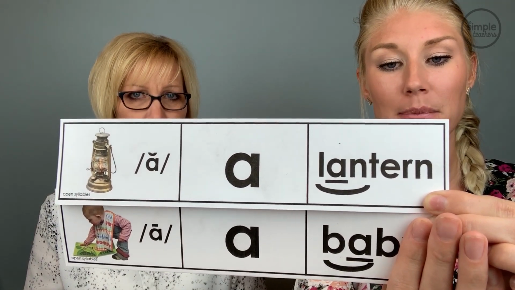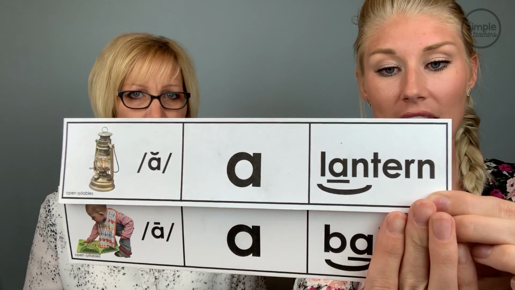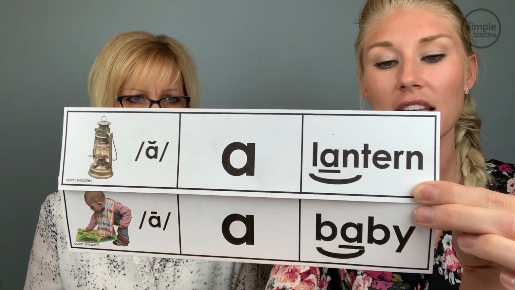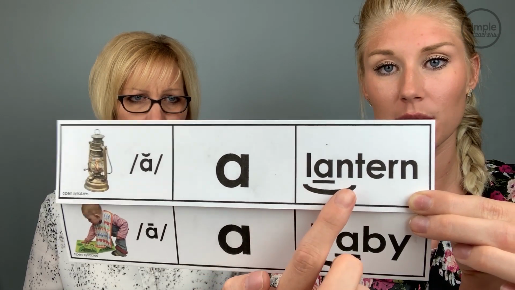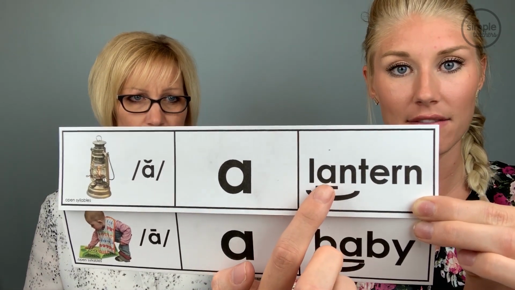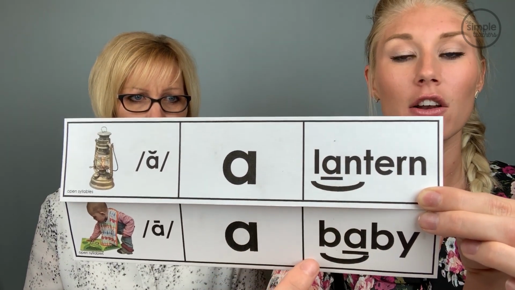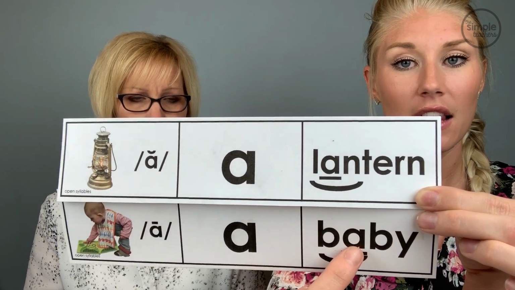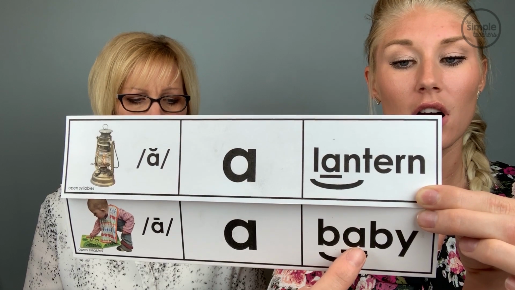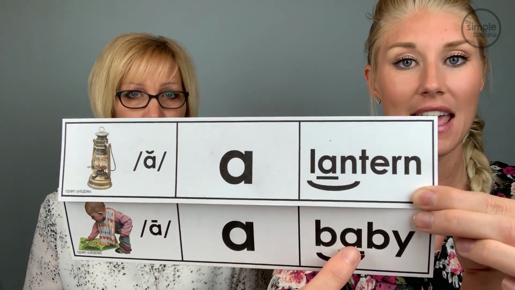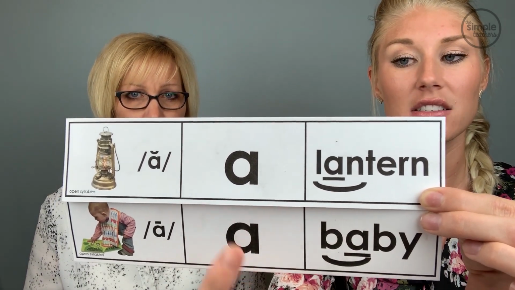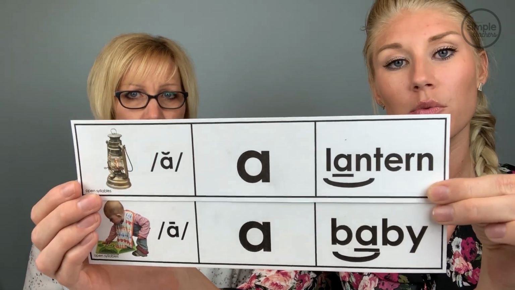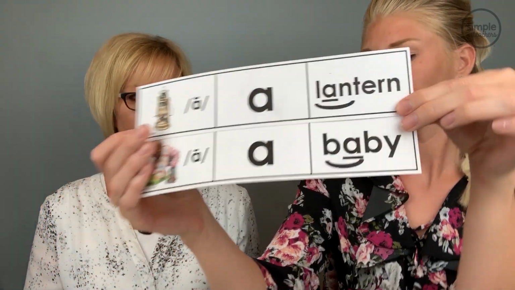And it's not babby. We say baby. So that's the difference of A and A with closed syllable, with the consonant closing that vowel to make it short sound, and an open syllable. That syllable has a vowel at the end. It's open. There's no consonant closing it, so it says A. And this applies to A, E, I, O, and U. So there's how you could model with A spelling.